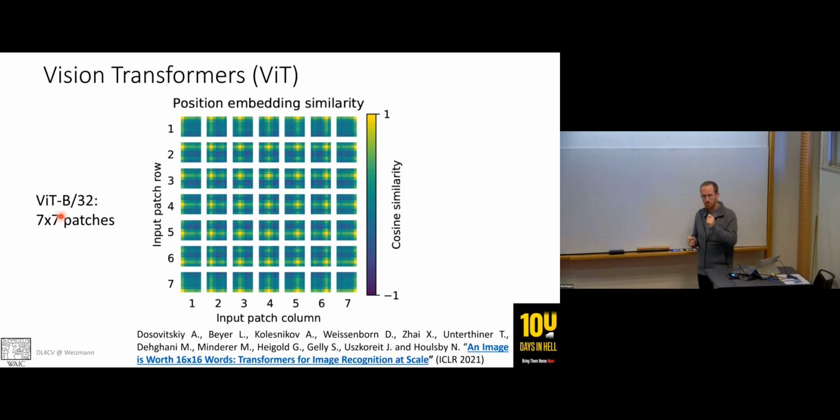And if we correlate each one of these patches with all the others, we can get these 7 by 7 correlation maps for each and every one of the tokens. If we take the noise that corresponds to the upper left corner and correlate it with all the position encodings, there's no image here.